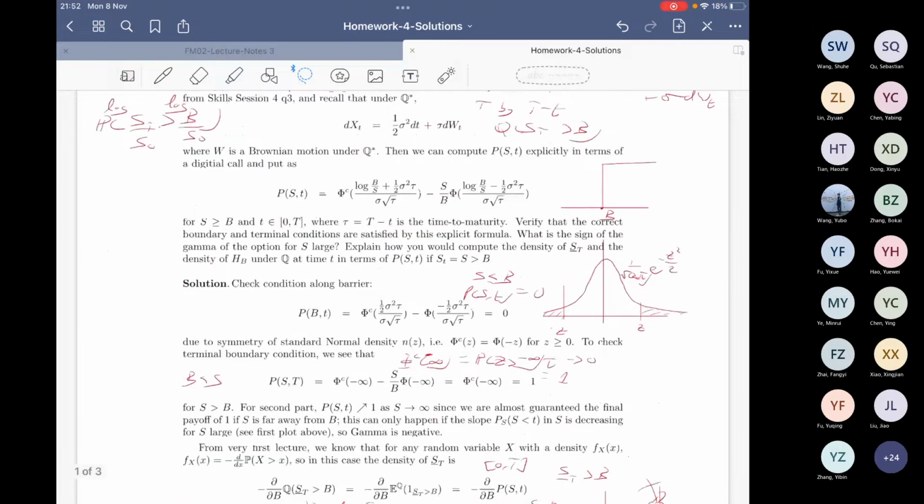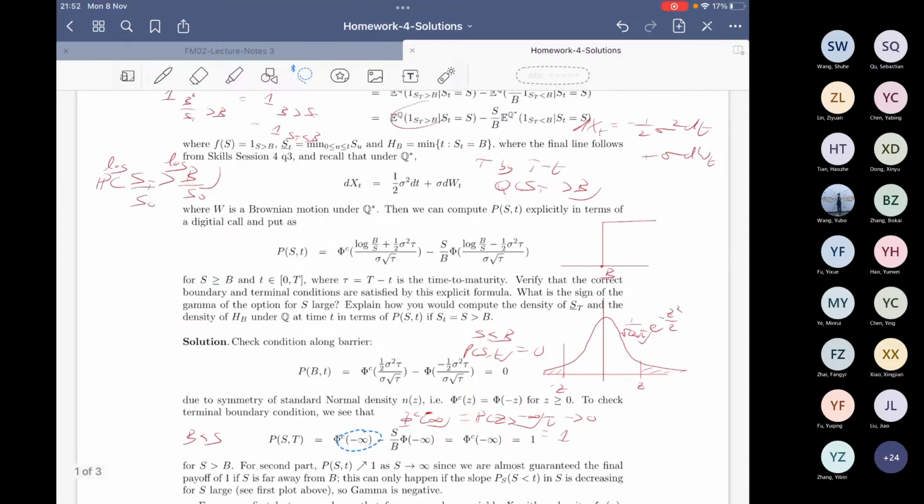I also wonder how you get minus infinity of the composite phi. Do you mean here? Yeah. Because B is less than S, B over S is less than 1, and therefore the natural log of B over S is less than 0.